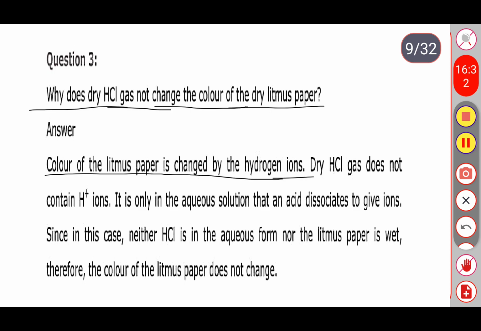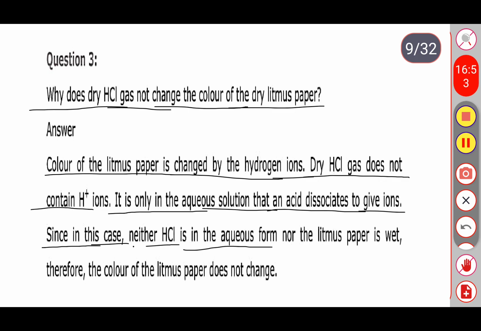It is only in an aqueous solution that an acid dissociates to give ions. In this case, neither is HCl in aqueous form nor is the litmus paper wet. Therefore, the color of the litmus paper does not change.